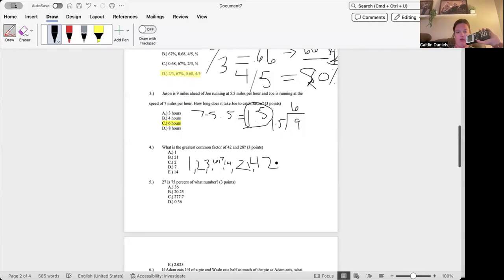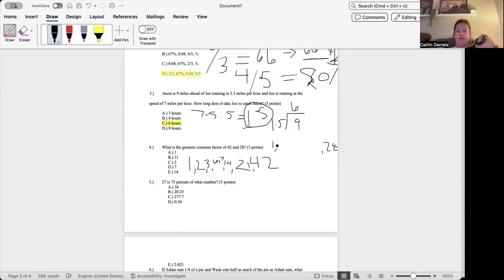Okay. And so now let's try to find the factors of 28. So we have 1, and way over here, we have 28. There we go. 28 is an even number, so it can divide by 2.